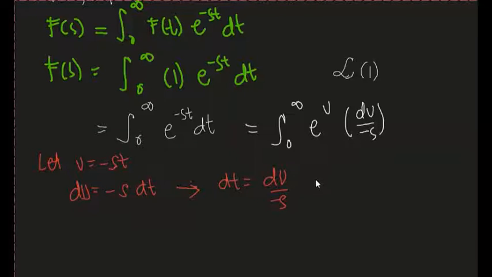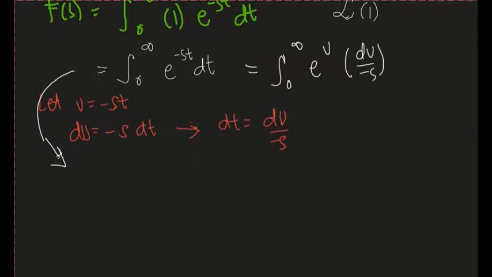Okay, so ang aton nga equation matabo, it will be equal to, pagwa natin ang 1 over negative s, so this will be equal to negative 1 all over s integral of e raised to u du from 0 to infinity.